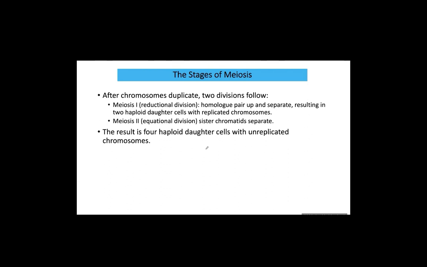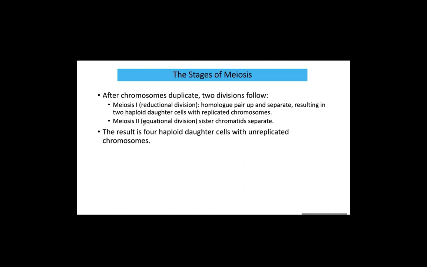So I said meiosis 1 and meiosis 2. Meiosis 1 is composed of prophase 1, metaphase 1, anaphase 1, and telophase 1. And during meiosis 1, chromosome number is reduced in half. So we call this reductional division because chromosome number is reduced in half.